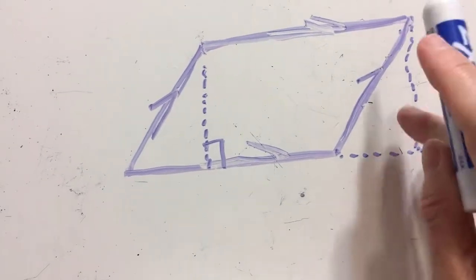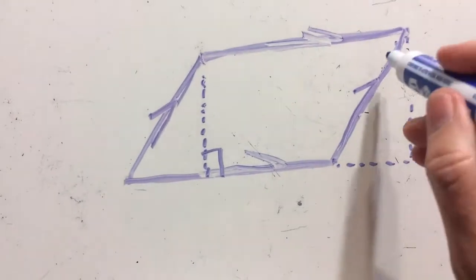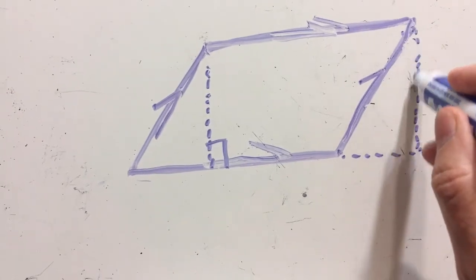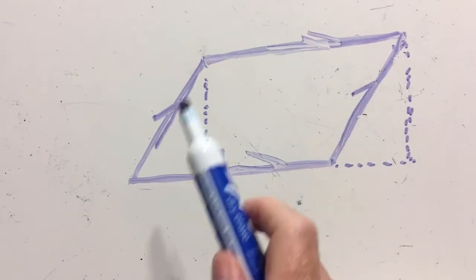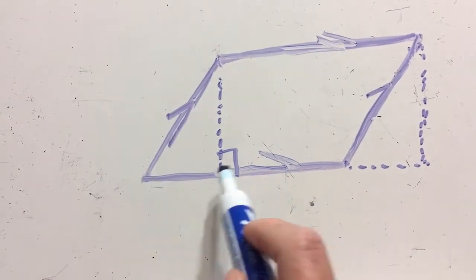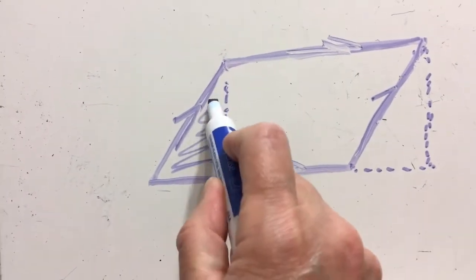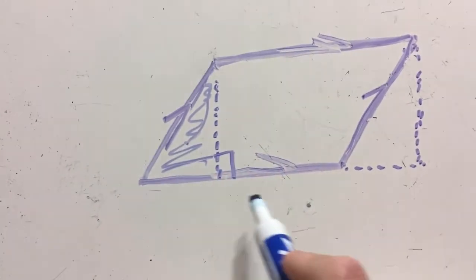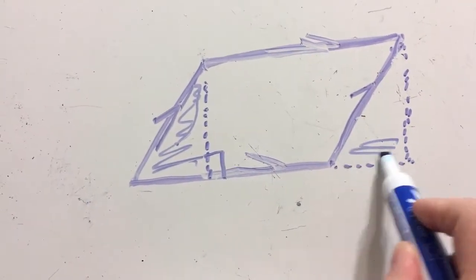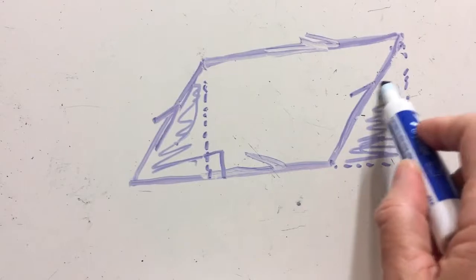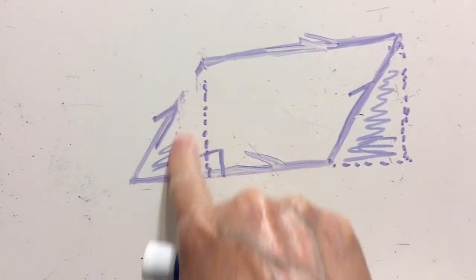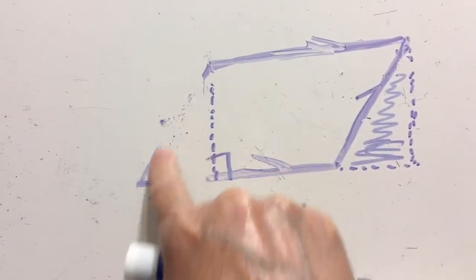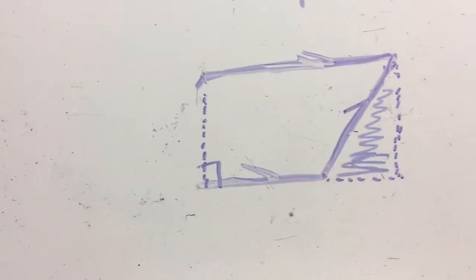Can you see how we now have a rectangle? So if we slice off that little piece here, move it over here, and slide it in there so that it's no longer here, can you see how we would have a rectangle?